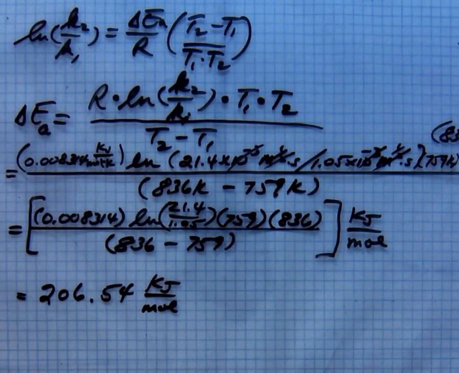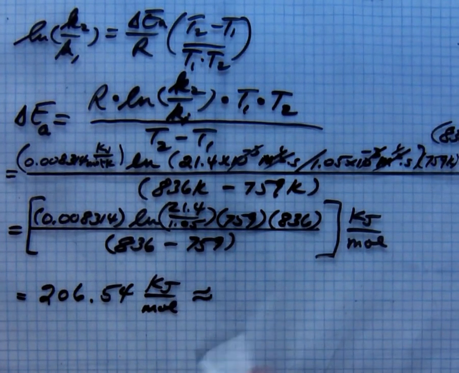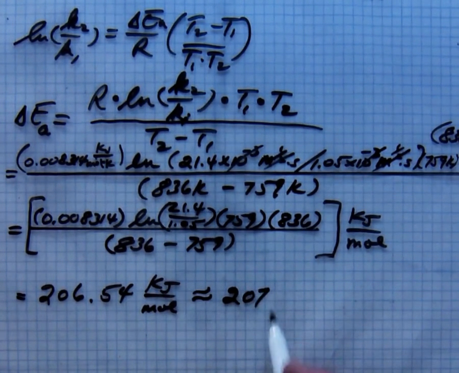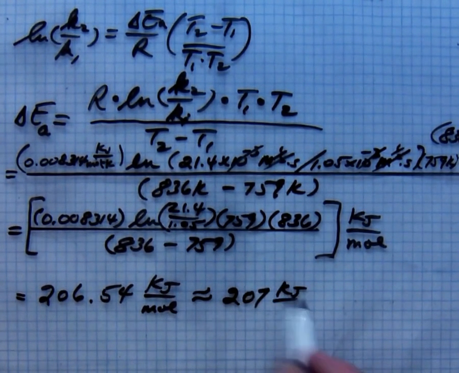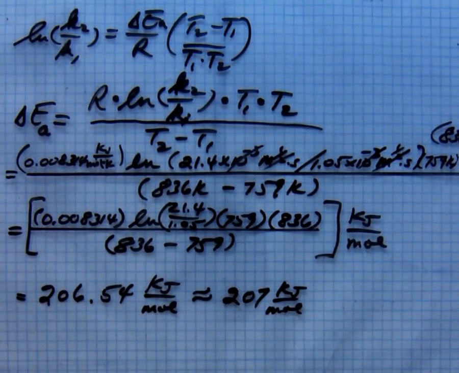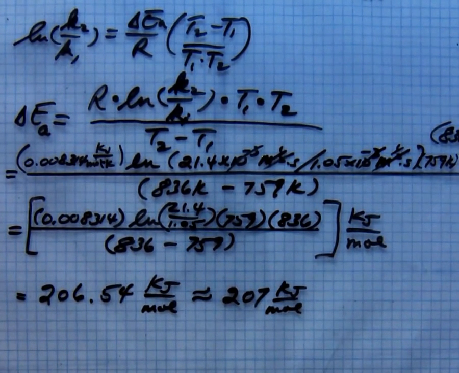This gives 206.54 kilojoules per mole, and for simplicity, we'll round that to 207 kilojoules per mole and just use three significant figures. Now, we're not quite through with the problem.